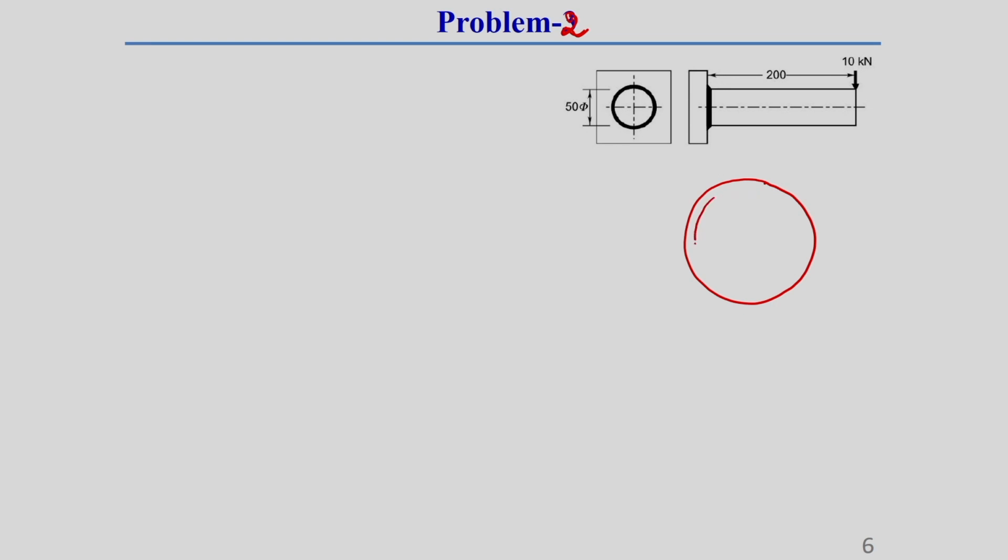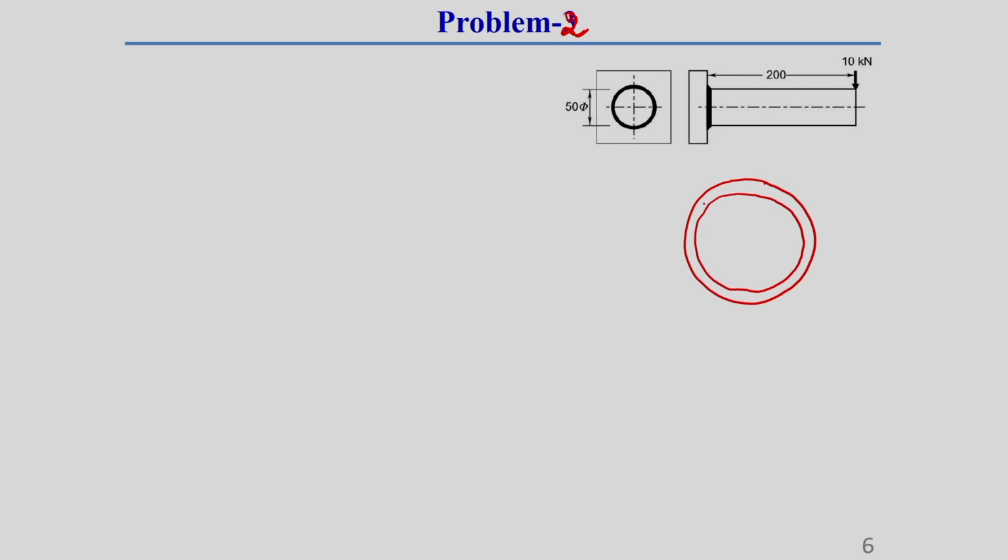I am just drawing this, then it will be more clear to you. So, how to calculate this Ixx?